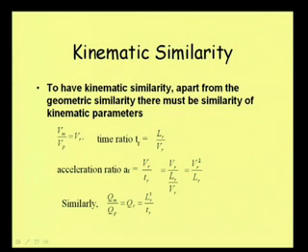We can write that to have kinematic similarity, apart from the geometric similarity, there must be similarity of kinematic parameters. That means, to have kinematic similarity, geometric similarity must be satisfied. So, that is a prerequisite.